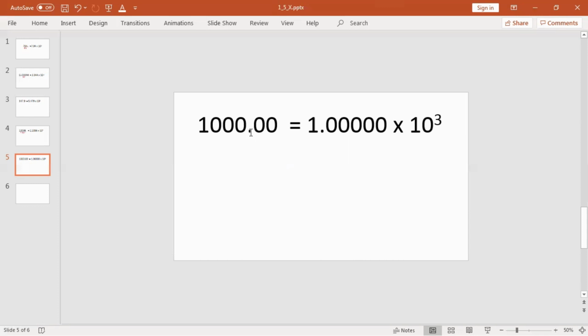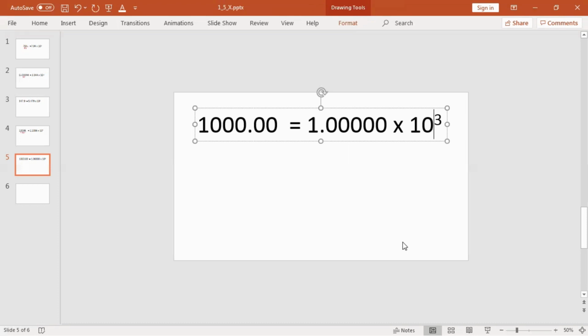And how many moves do we have? What direction and how many moves do we make at the decimal point? We have 1, 2, 3 to make that decimal formatted number into a mantissa. So since that was 3 moves to the left, the exponent should be to the 3rd power.